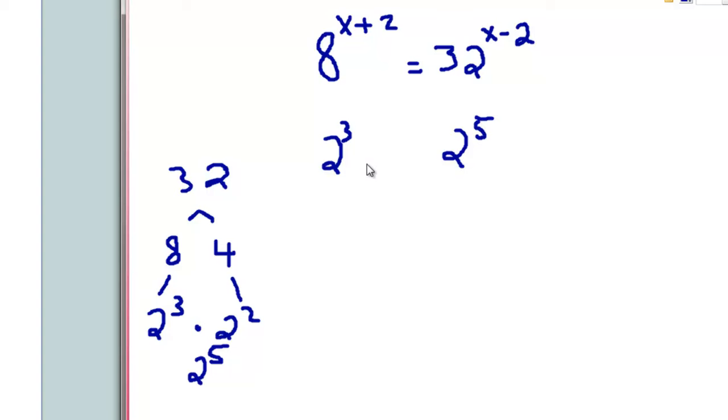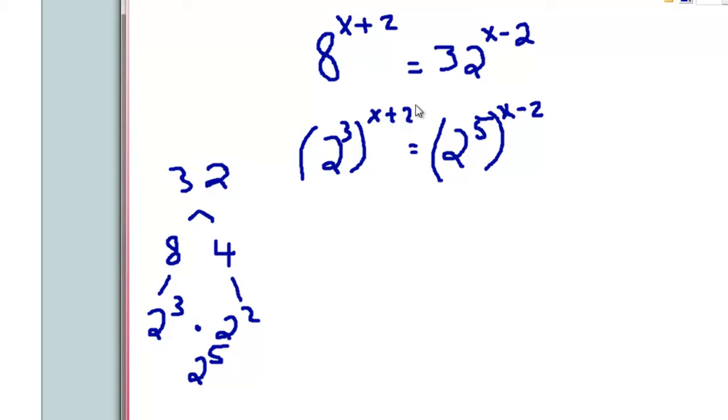So this is where I see students make mistakes. This x plus 2 is on the 8, which means technically that is a parenthesis. Then you have the x plus 2 out here. Same thing on the other side. At 32, the whole thing is on the 2 to the 5th power, so the x minus 2 is on that whole 2 to the 5th power.